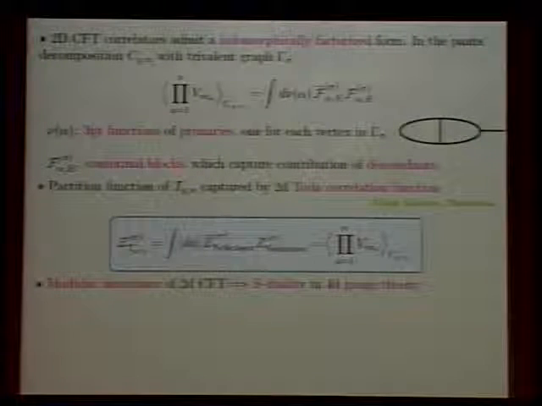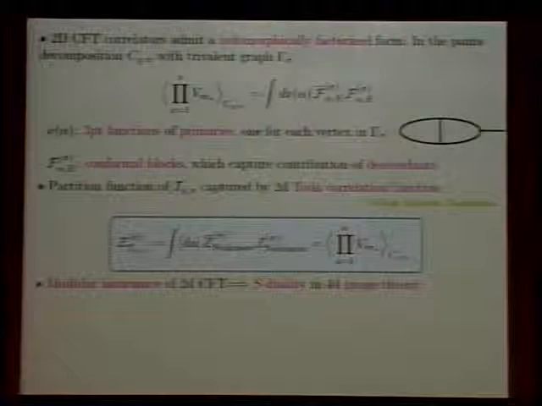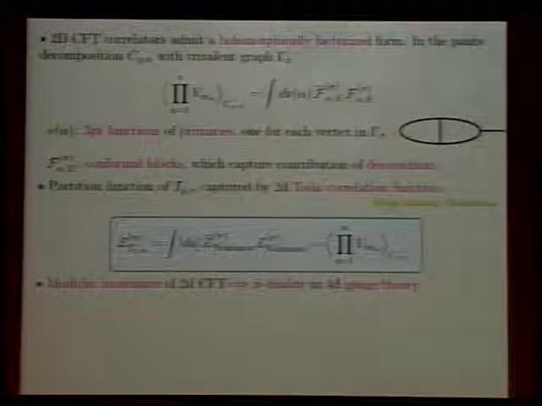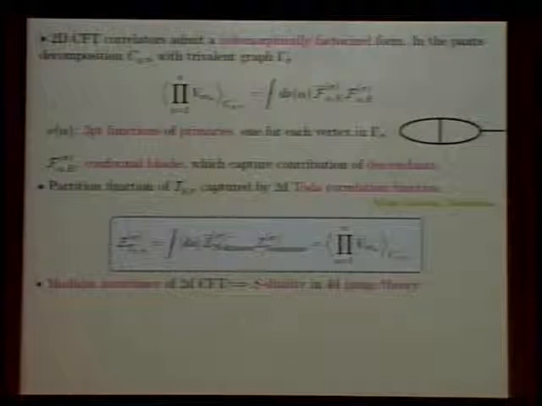So the correlator should not depend on your choice of pair of pants decomposition, which maps via this dictionary to the statement of modular invariance of correlators in two-dimensional CFT. And this modular invariance of two-dimensional CFT gets mapped to the S-duality of the four-dimensional gauge theory. So from this connection, and using this observation about modularity of CFTs, you find that the Pestun partition function on the four-sphere is invariant under S-duality.